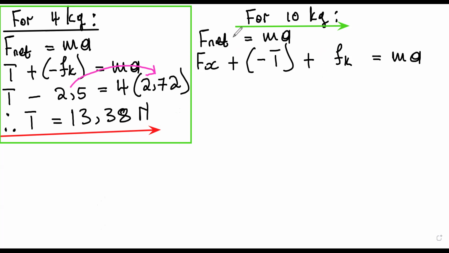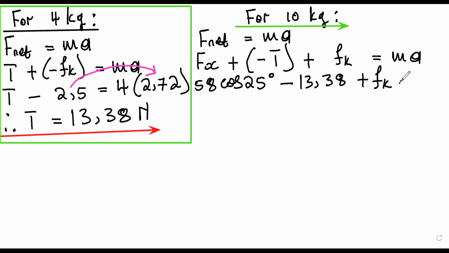So now we can come and say, well, in order for us to find a horizontal component of an applied force, we take the applied force itself and multiply it by the cosine of an angle. Then we say minus the magnitude of the tension force. We now know it as 13.38, but we don't know what is the kinetic frictional force.